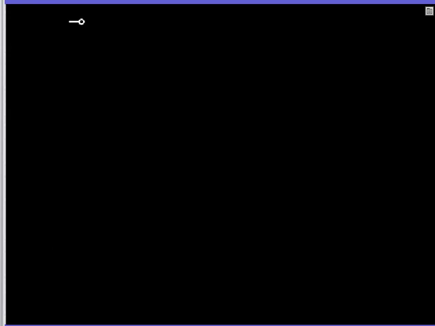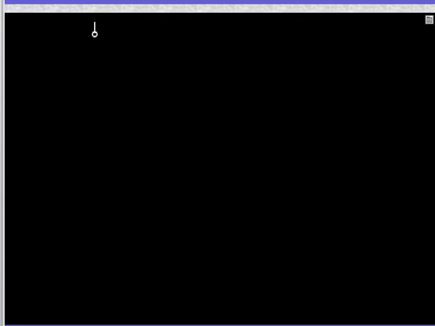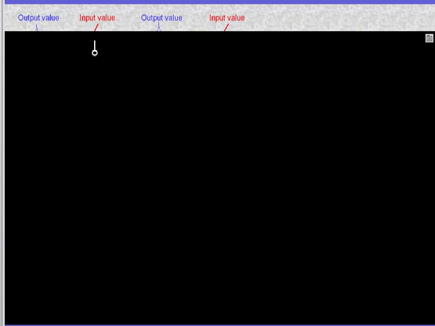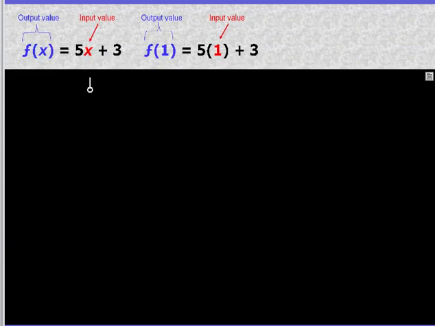Function notation pretty much is the notation that you're going to be seeing from now on in this class and then in more advanced math classes as you go on. It's a very formal mathematical way of representing a function. So it looks like this.